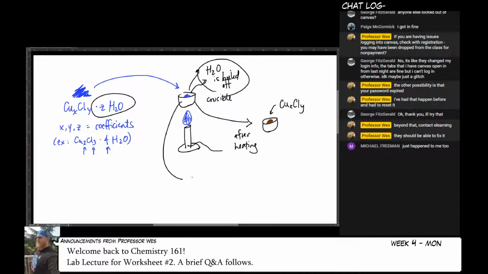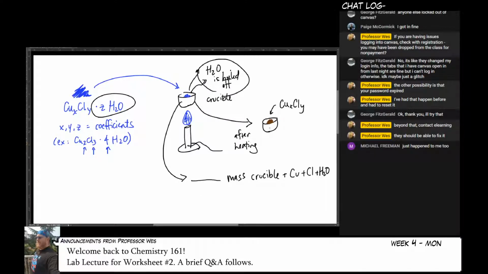Well, we could say, if I weigh the mass of the crucible and the mass of the copper and the chlorine and the water, that's the blue stuff. So that'll be this, and we'll just say that it has some mass.